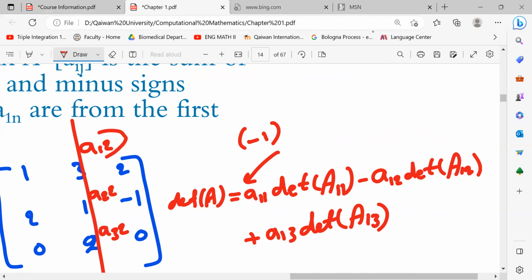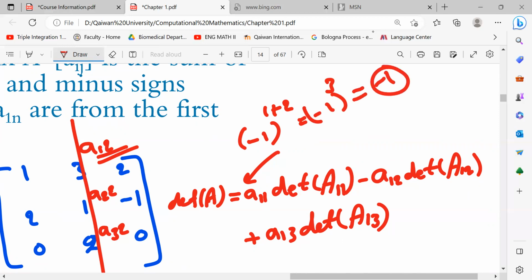What are this row number and column number? 1 and 2, that is 1 plus 2, which is 3. Since it's odd, it's -1. If it's odd, it's -1. If it's even, it is 1.